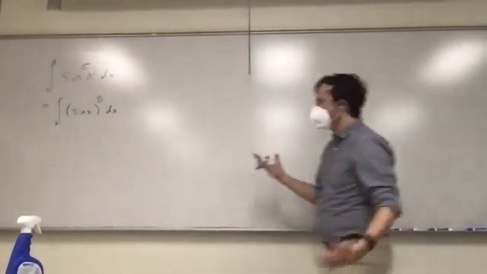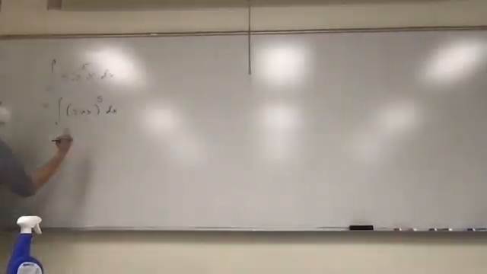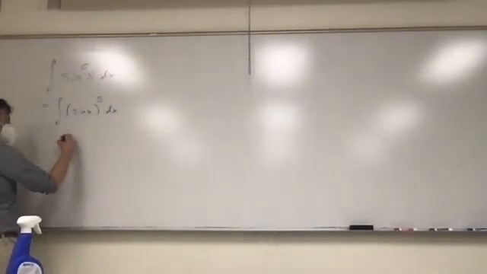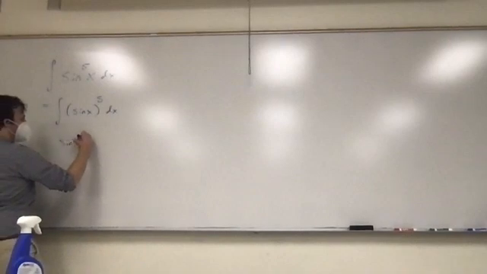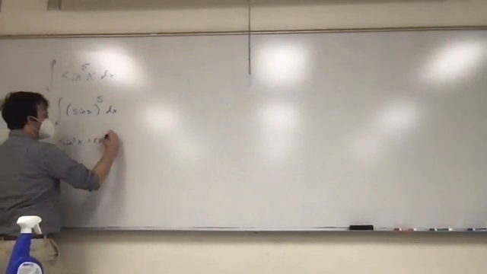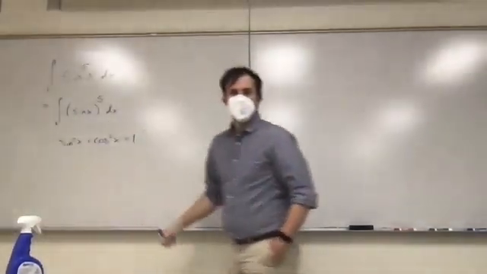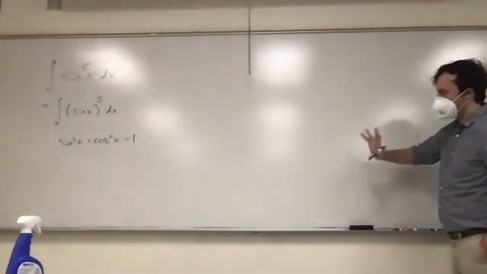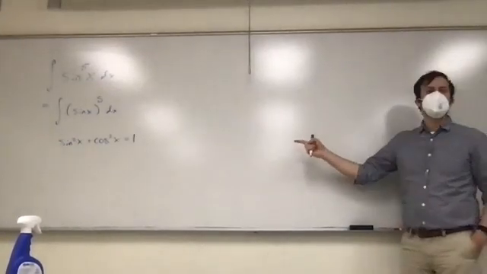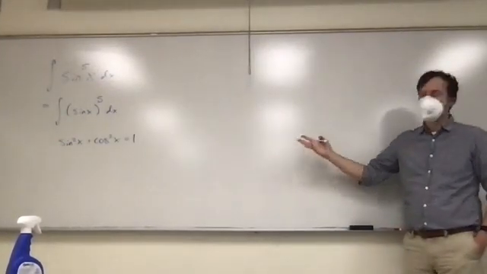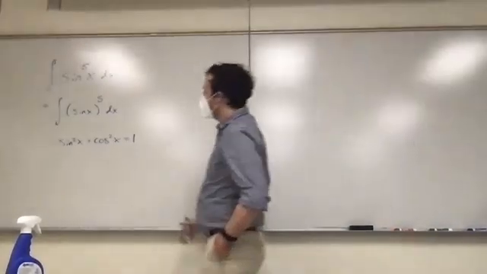So here's what we're going to do. The trig identity that will help us is the standard Pythagorean identity: sine squared plus cosine squared is 1. This will be given to you whenever you need it, but it's common enough that there's a chance you'll remember it.